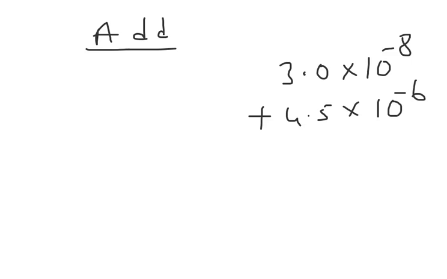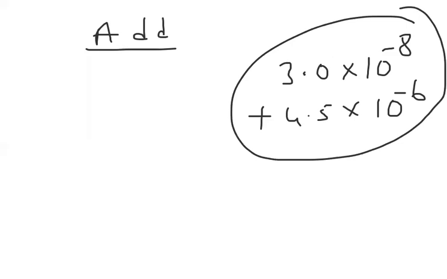Now, remember, both have to be either in 10 power minus 6 or both in 10 power minus 8, but not like this. Let me write these numbers first. Either way, the powers must be the same. For that purpose, I am making them 0.03 into 10 power minus 6.